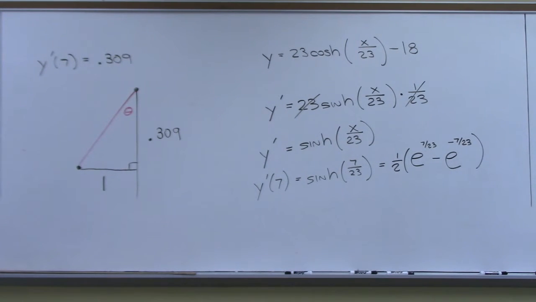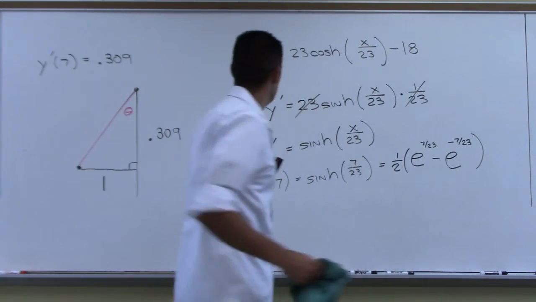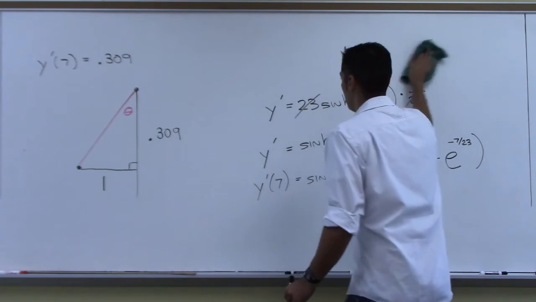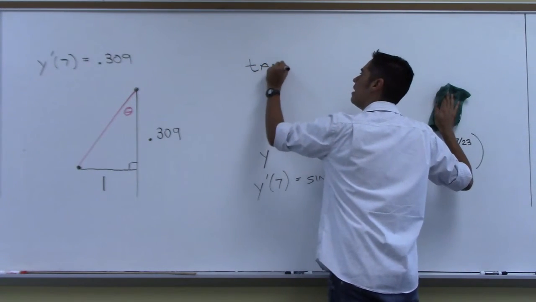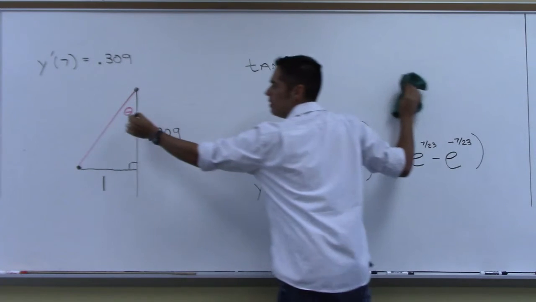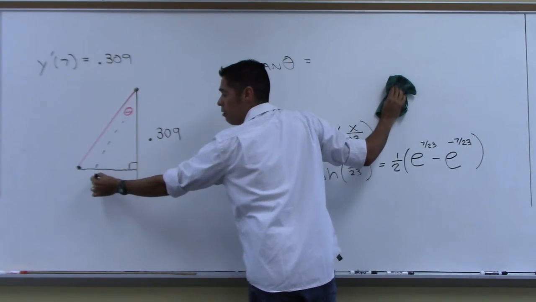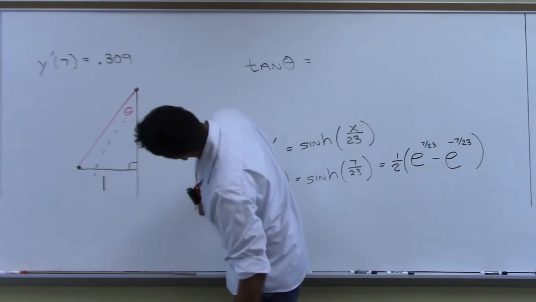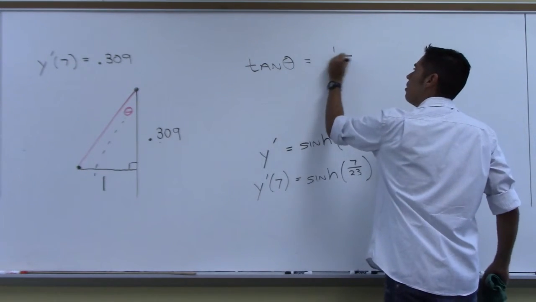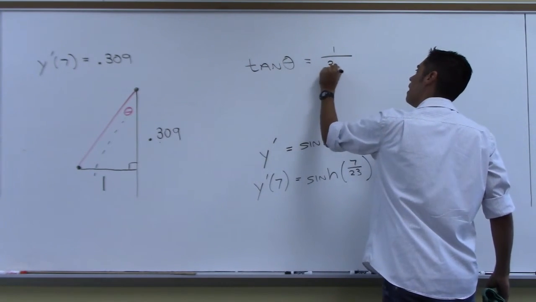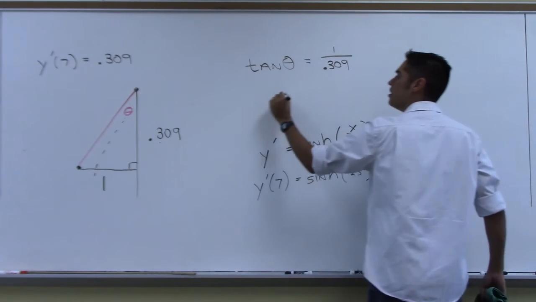And now how do you solve for theta in this problem? You know tangent of theta, right? Tangent of theta would be opposite over adjacent. So you have to turn your head this way. Opposite over adjacent. So you're going to do inverse tangent on both sides here.